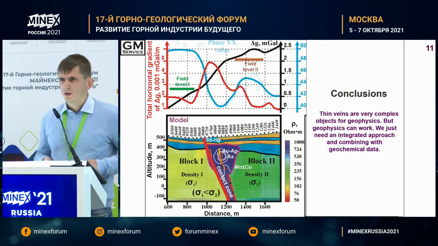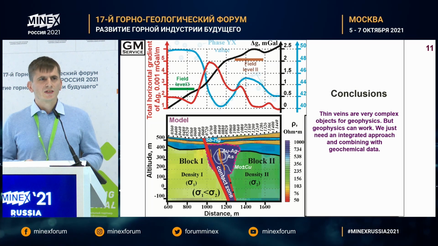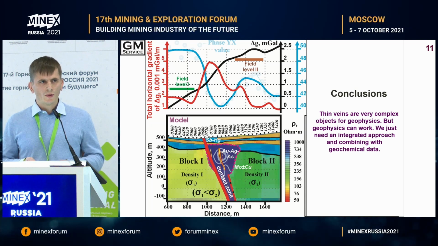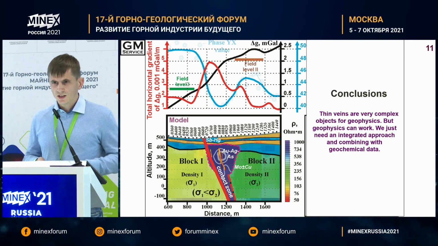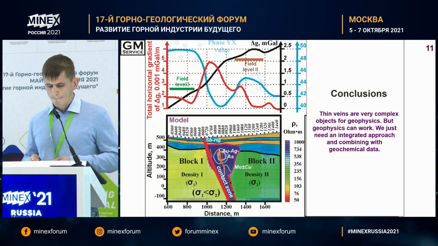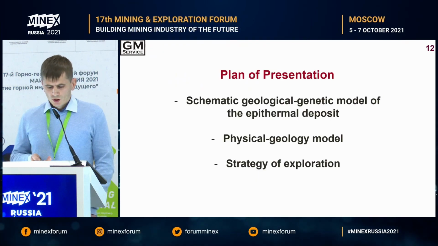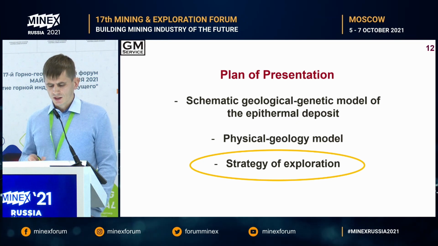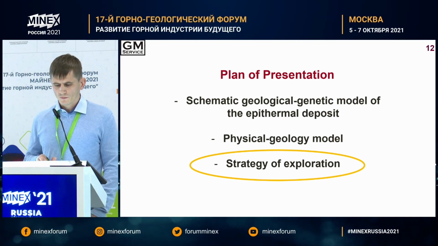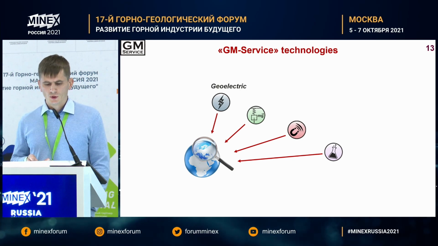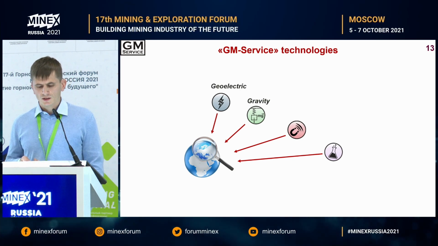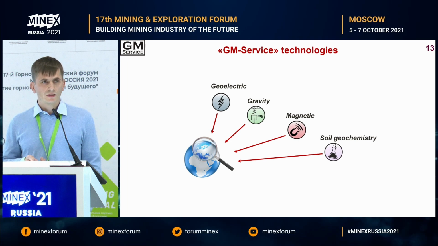That means that despite the fact that epithermal deposits are very difficult to discover with geophysical methods, when you apply a complex of methods and track the data of geochemistry, this task can be resolved. Let me come to the third point of my agenda: strategy of exploration. Exploration requires the use of geoelectric and gravity prospecting.